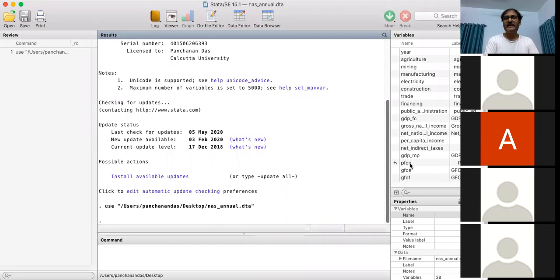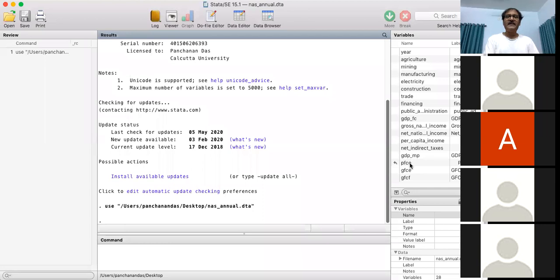You can look at in the variable window GDP underscore MP. This is GDP at market price, and we can select another variable, PFCE. PFCE means private final consumption expenditure. So it is actually the aggregate consumption expenditure, as you are familiar with the macroeconomics.